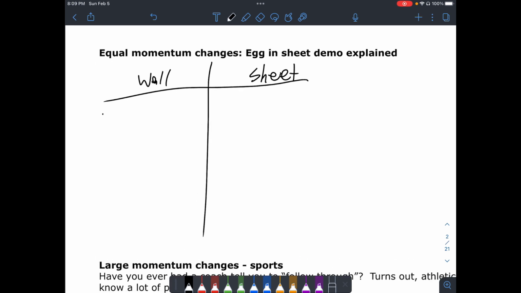We know that the mass of our egg is the same. Mass of our egg is equal to our mass in both scenarios.